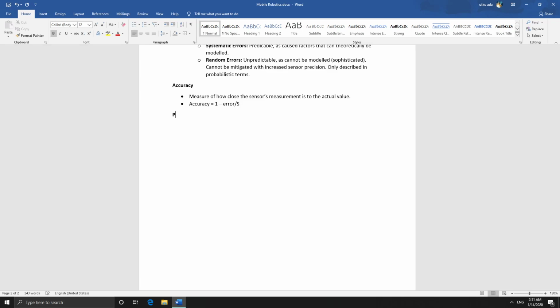And after this we have precision. Precision and accuracy are sometimes confused. The precision itself has nothing to do with accuracy, as in, it has nothing to do with how close the value measured is to the true value.